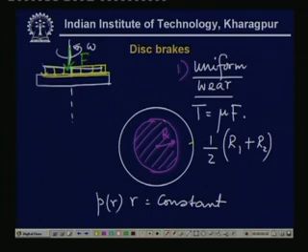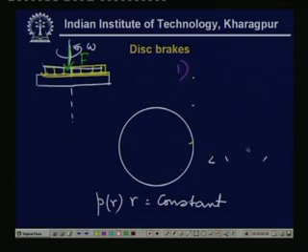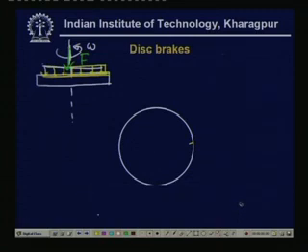So, this is the disc brake arrangement when the force is applied axially and the pad dimension is a full circle. There are other situations also, and normally in a modern vehicle we have a sector type pad, where the pad is not a full circle, but the pad may be a sector.